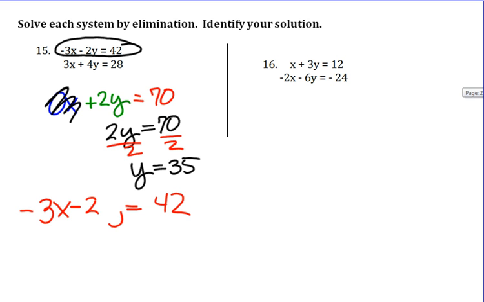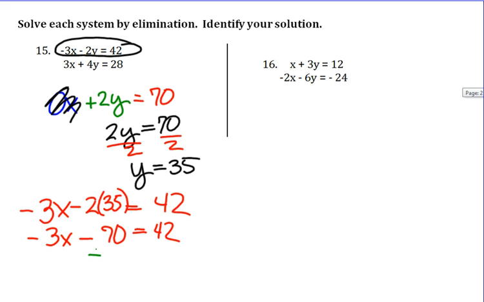And I just found out that y really is 35. So I can put in 35 for y, because at y equals 35, it's going to solve both of these. So now my problem is negative 3x minus, let's see what 2 times 35 is, sorry, it's 70. And then that equals 42.